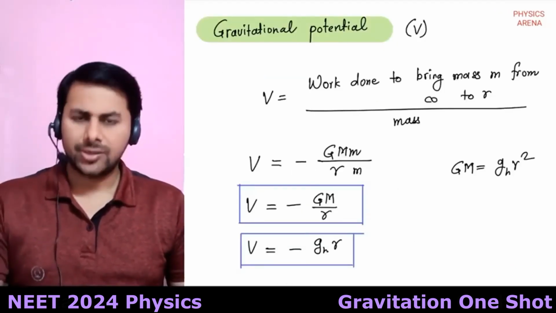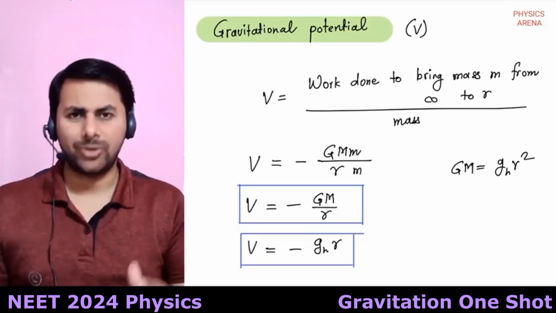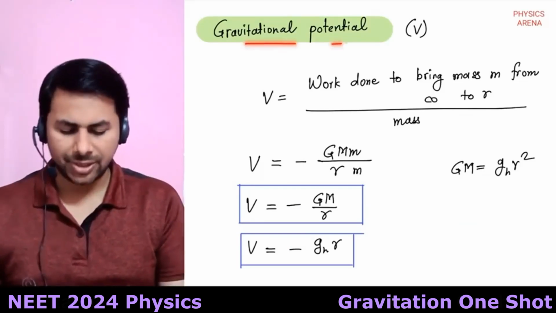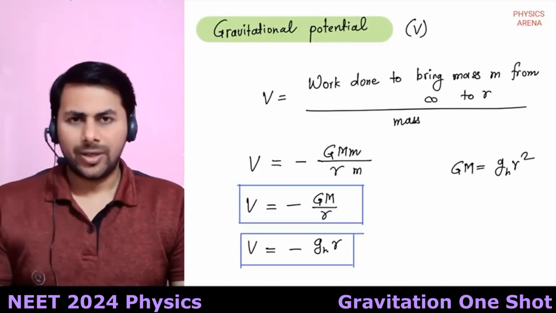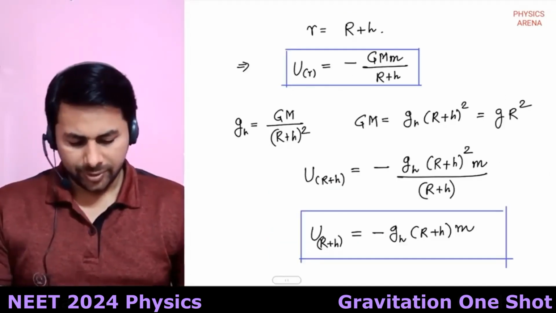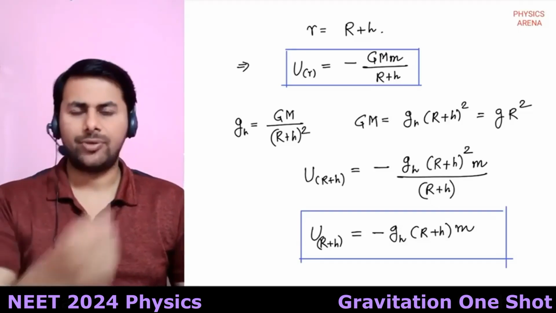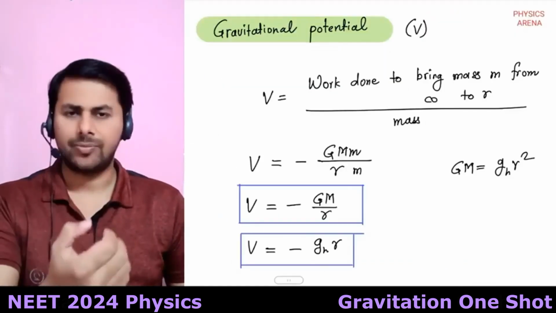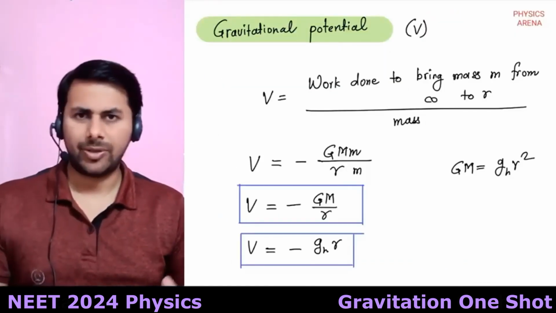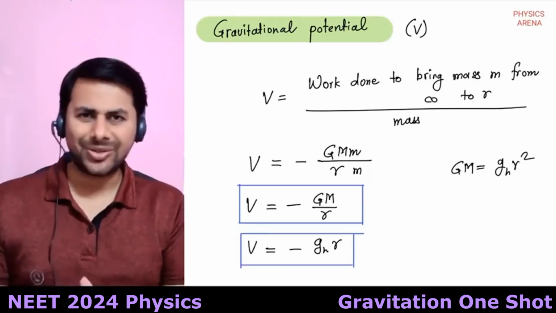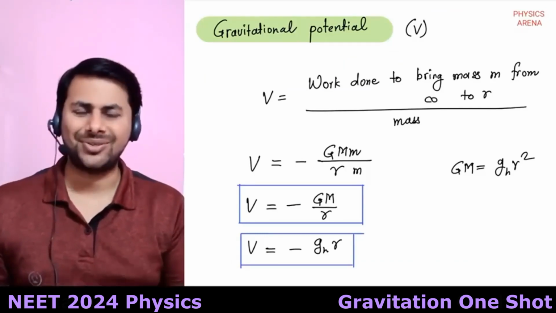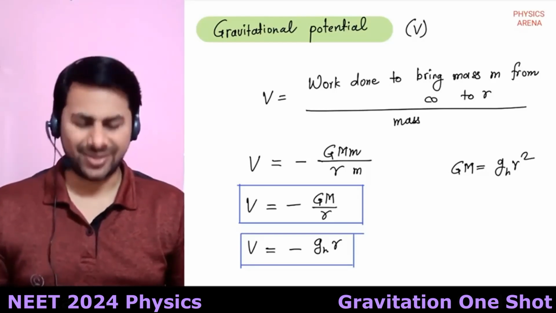Okay. Next, we define the gravitational potential. So what is gravitational potential? So see, we found the work done in moving an object from infinity to a distance r from the center of the earth. We found it is minus GMm upon small r. We didn't do the derivation, but we know that it's equal to minus of GMm upon r.